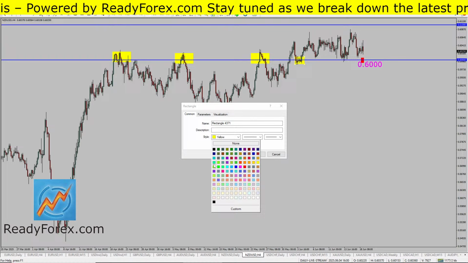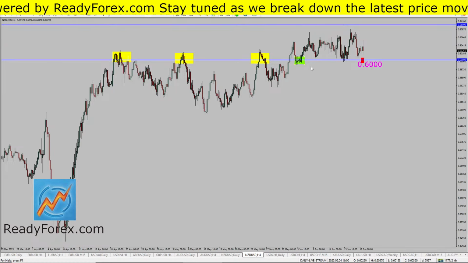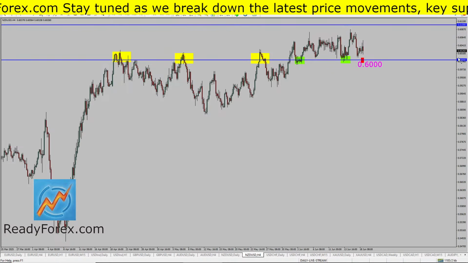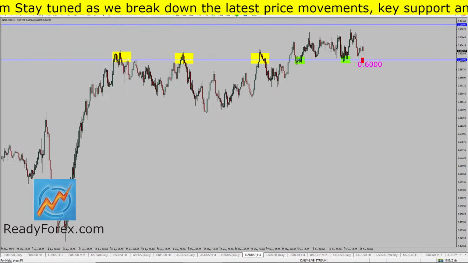So let's use a green, something like that. So we got the same support over here at 0.6000 level.